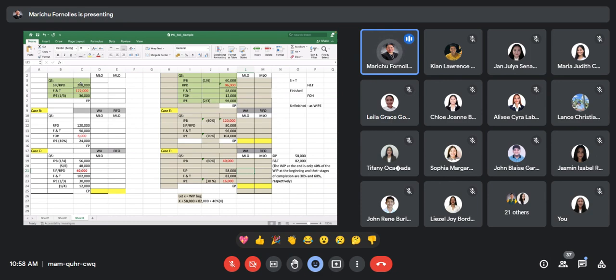So the second step would be the computation of the equivalent production. When you say equivalent production, it is not equal to the physical units, but rather it is considered as the equivalent number of units produced or the equivalent number of completed units, how much work was done in the department.